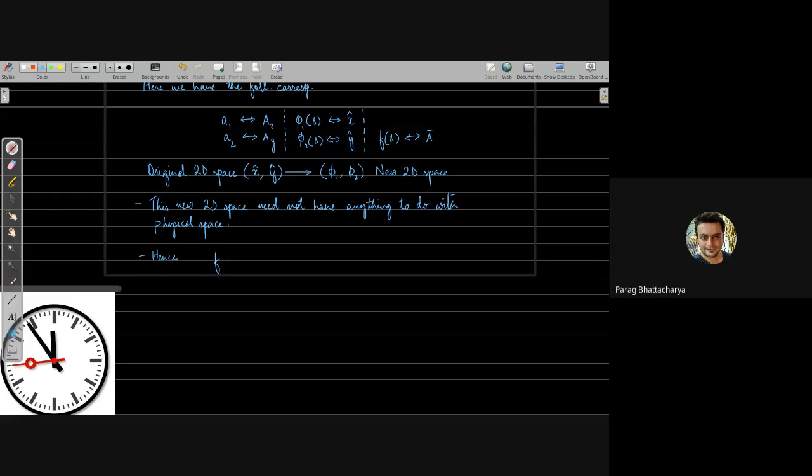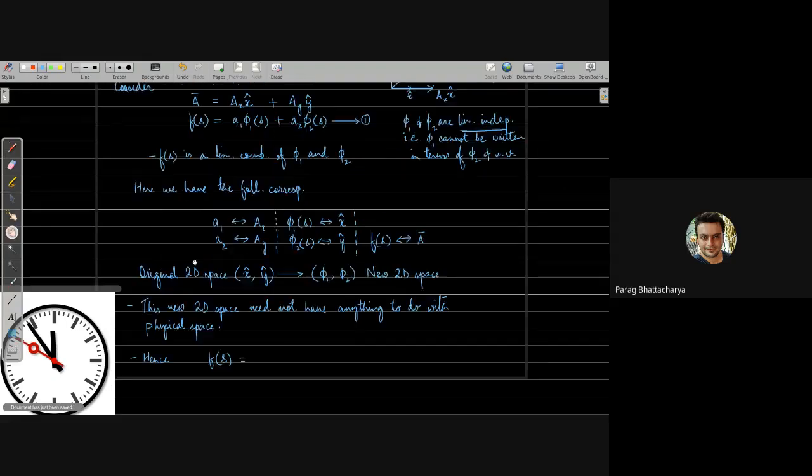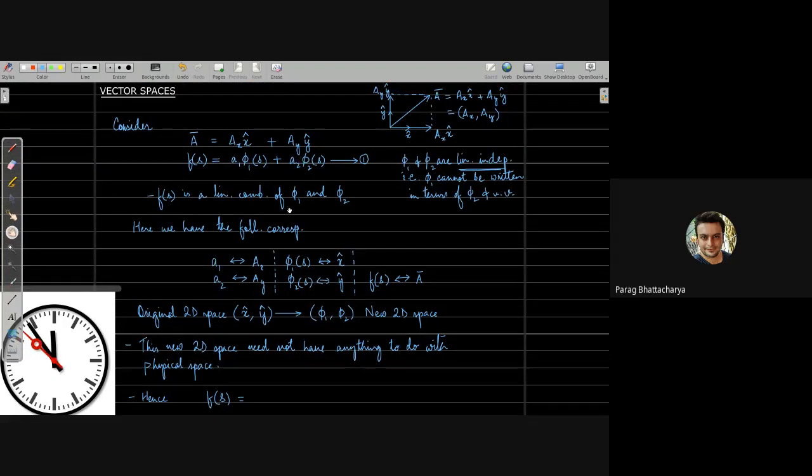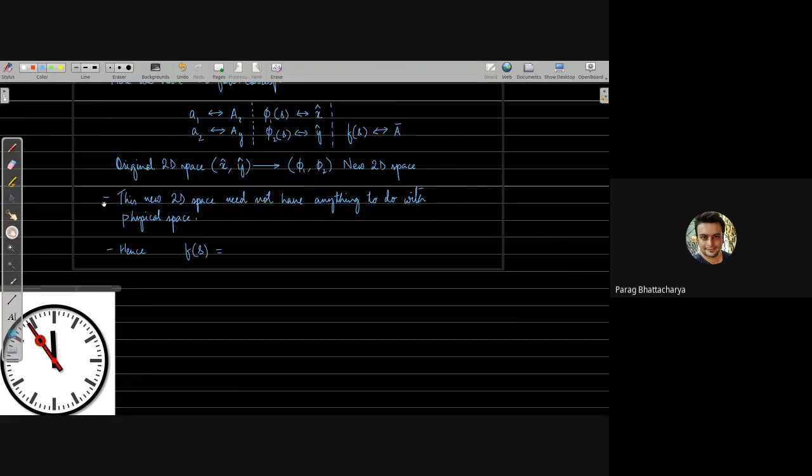Hence we can write down this function that we have, this function f of s. Earlier we had written this as a1 phi1 plus a2 phi2. Because phi1 and phi2 are already known to us, we might as well just drop phi1 and phi2 and write this function as a1 comma a2. That will also work.